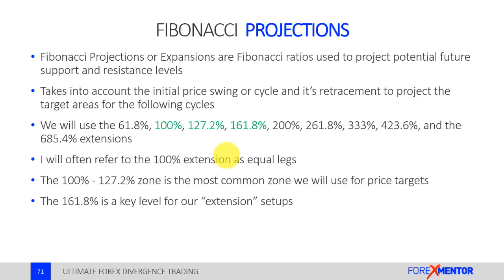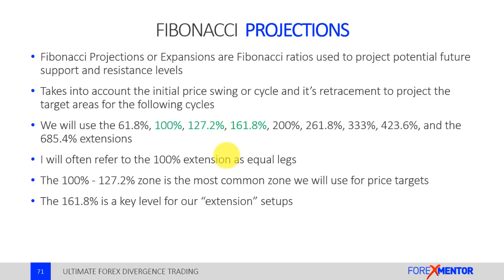Now, a little tip. If the market does not pull back, let's say we're looking for a price target on a particular swing, and the market did not pull back 50%, let's say we have a shallow pullback of 38%, we don't make it to that 50%, then it's better to actually use the extensions to look for a potential price target of that next cycle.